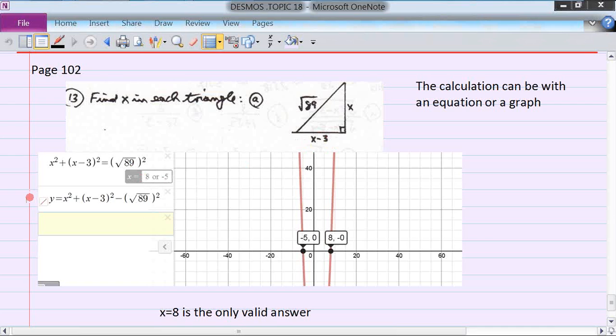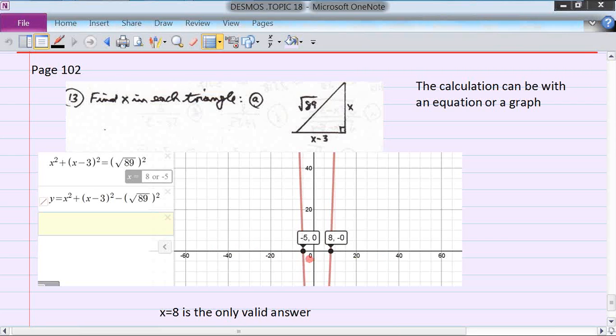Now if I plot this as y equal to, bring this over to the other side, square it, because it's squared, of course, and plot this, you can see the solutions come out to be -5 and 8. This graph goes down like this, goes way down, and then comes back up.